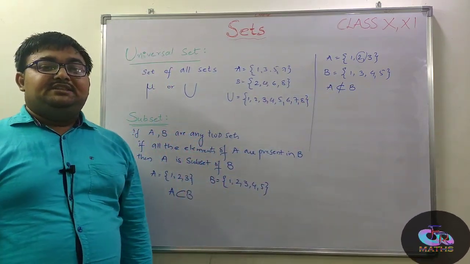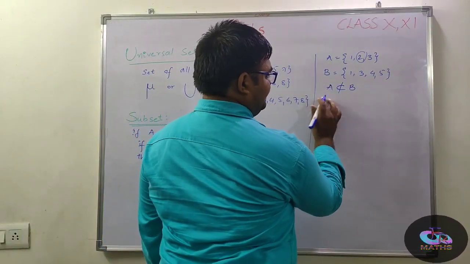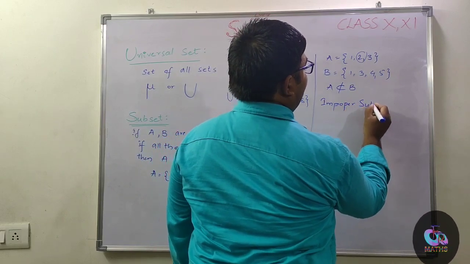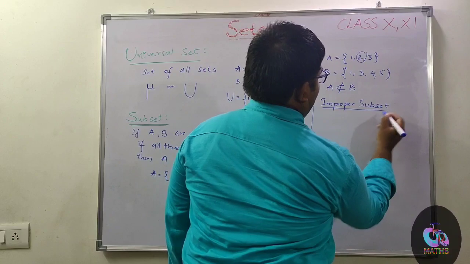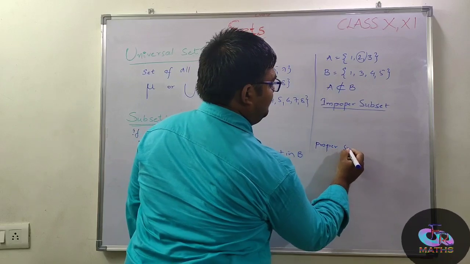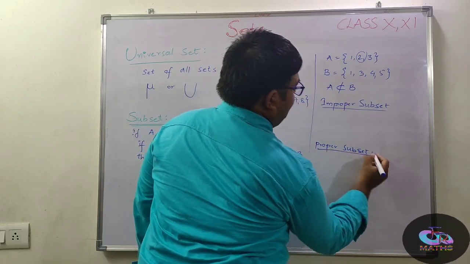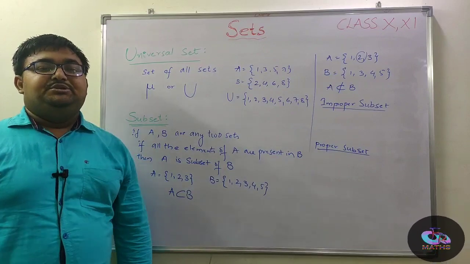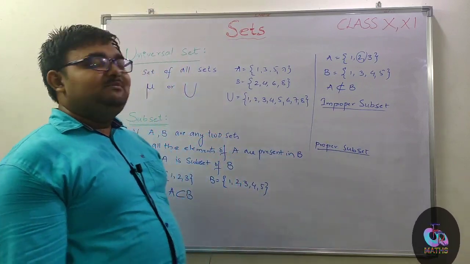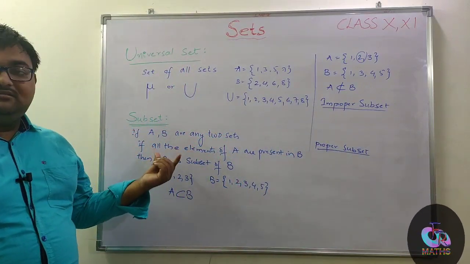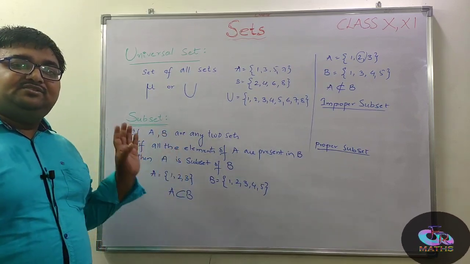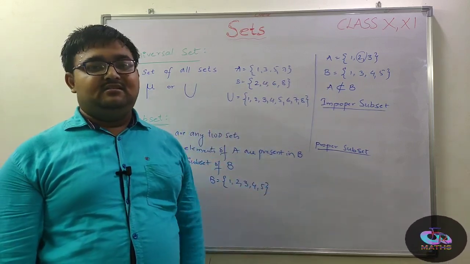Next, coming to proper subset and improper subset, right? There are two concepts: improper subset and proper subset. About these two things you need to have a clear idea. What is meant by subset? A subset is a set which should contain elements from the other set.